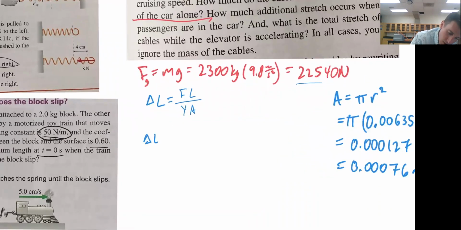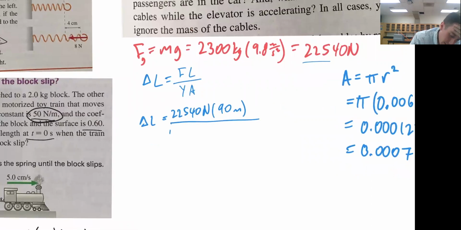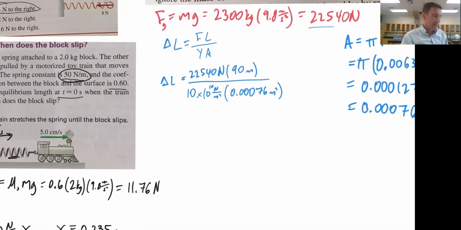My change of length is equal to 22,540 newtons times the length, 90 meters, over the Young's modulus, which was 10 times 10 to the 10th newtons per meter squared, times the area, which was 0.00076 meters squared. So now it's just a matter of doing the math.